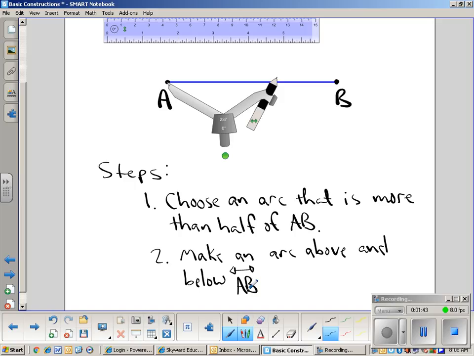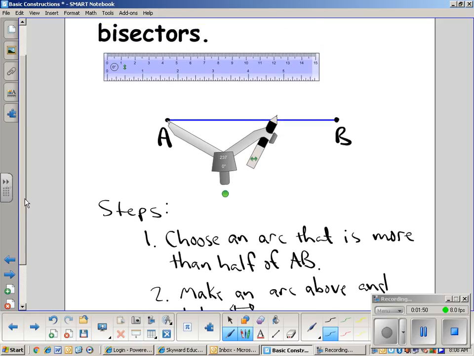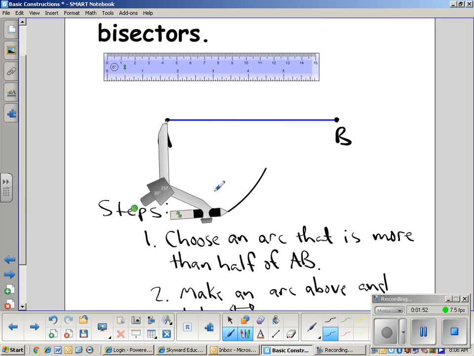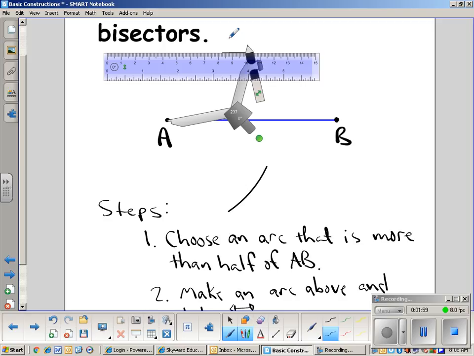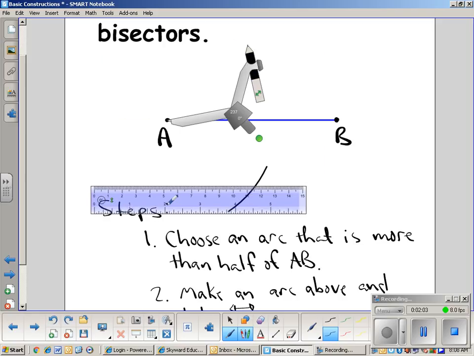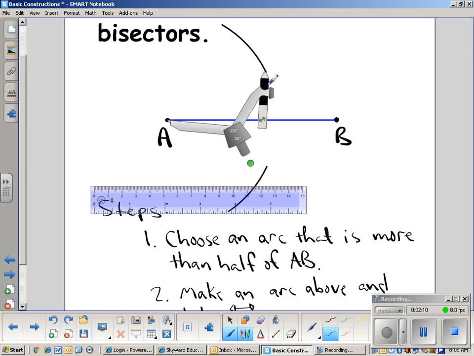Okay? Make an arc above and below line AB. And so if I come down here, I'm going to draw an arc. I'm going to go up here and draw an arc. Ruler's in the way. Okay, and do not change your compass setting between those arcs.